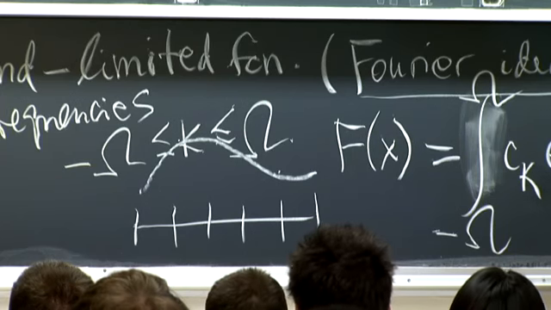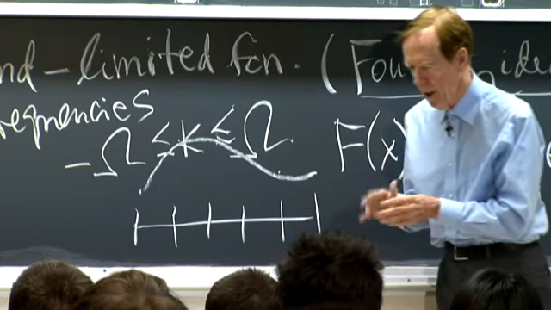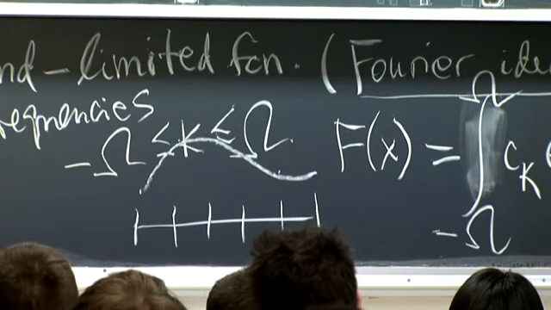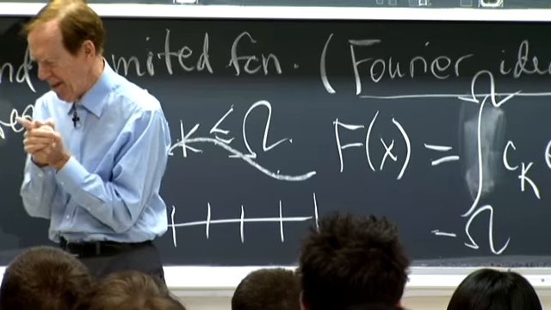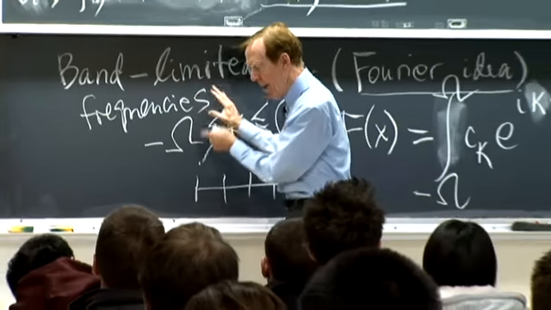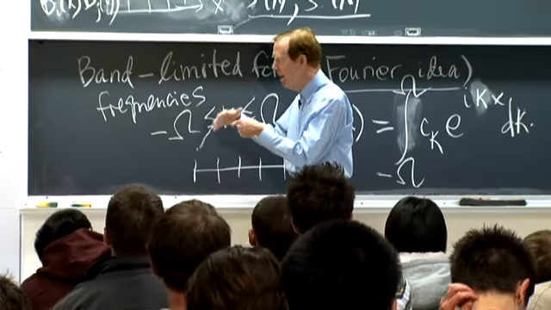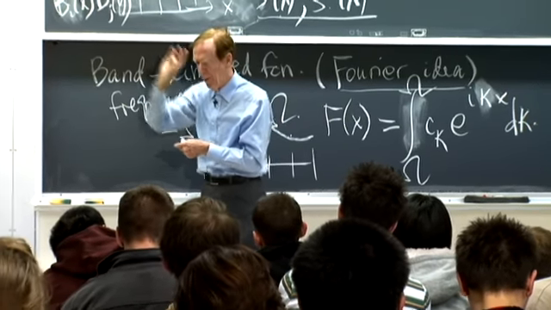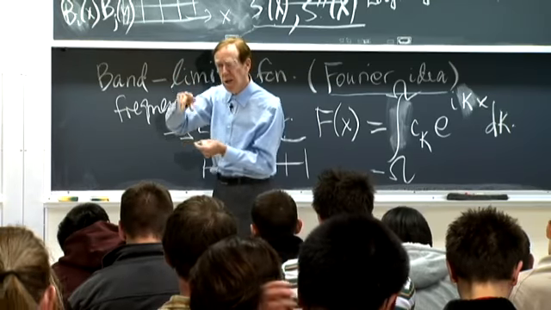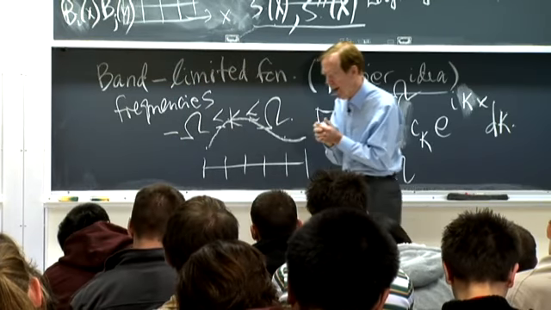So it would be smooth again. In some way, this Shannon band-limited stuff is the limit of splines as the spline degree goes way up. So we did hat functions, degree 1 splines.